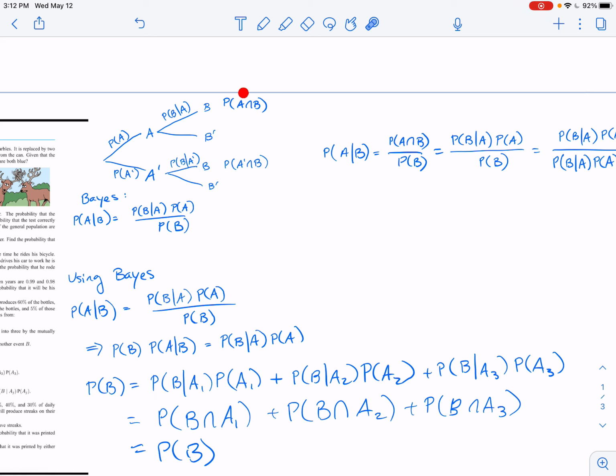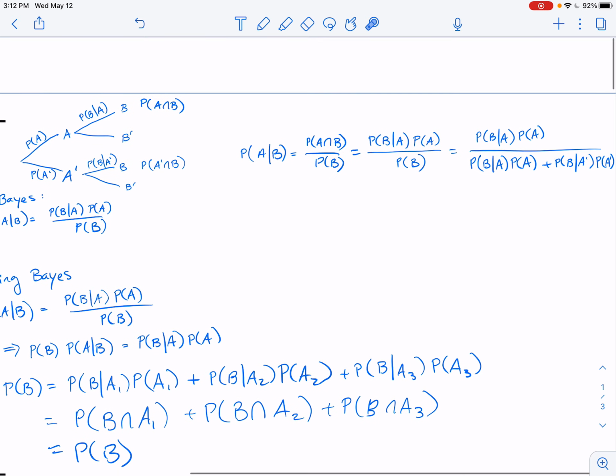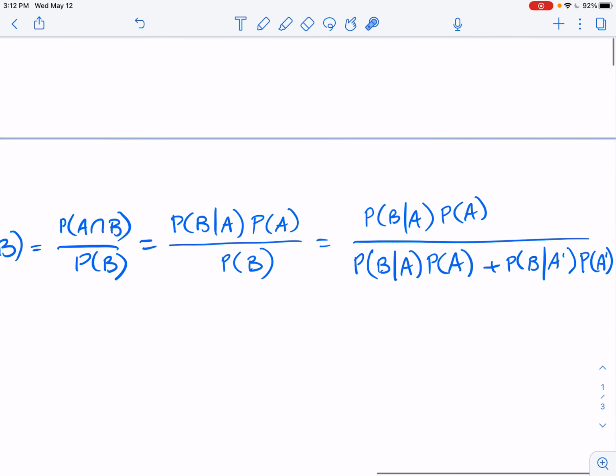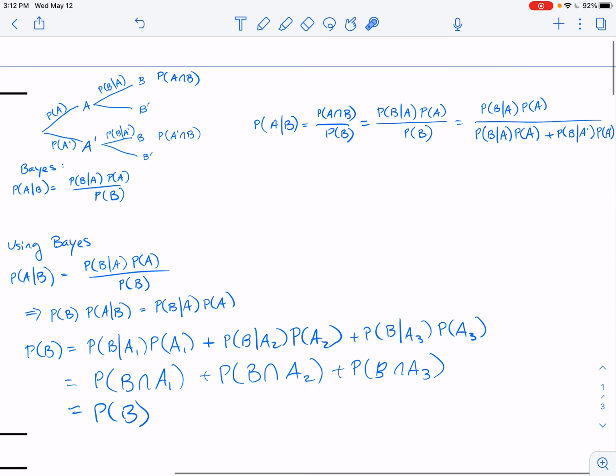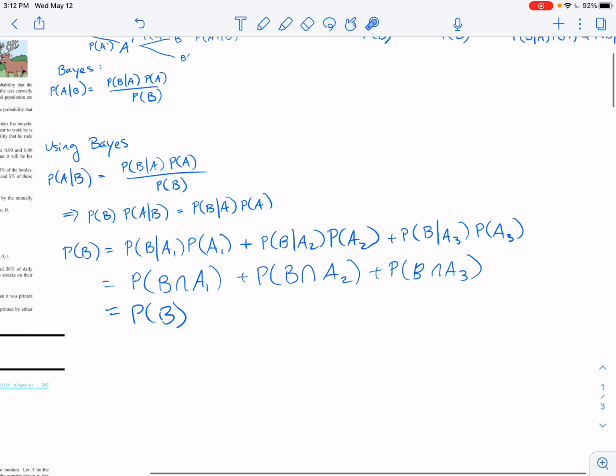So how do I get here? I say the probability of A times the probability of B given A, plus the probability of not A times the probability of B given not A. And if you notice, that's what is in the denominator there, maybe rewritten in a different order. So I was looking at that and trying to figure out what was happening.